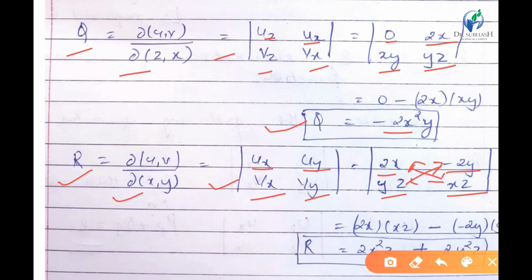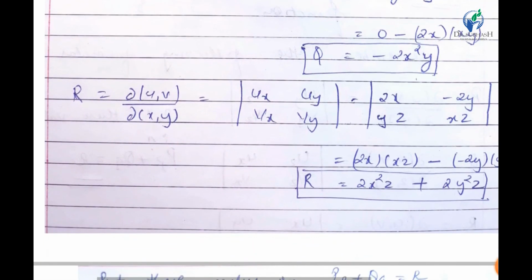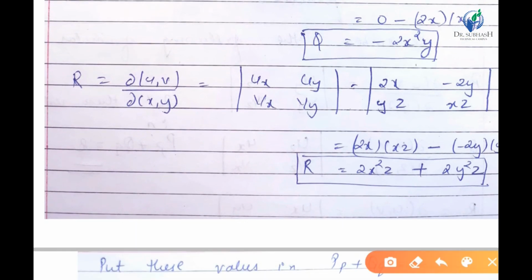So we get 2x into xz minus 2y into yz. On simplification we get R equal to 2x square z plus 2y square z.